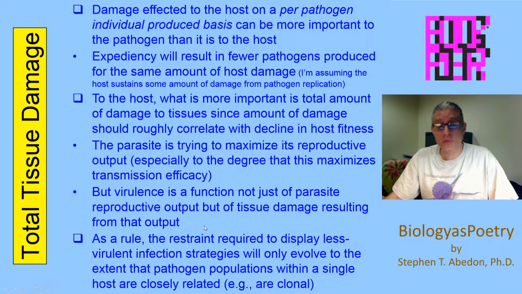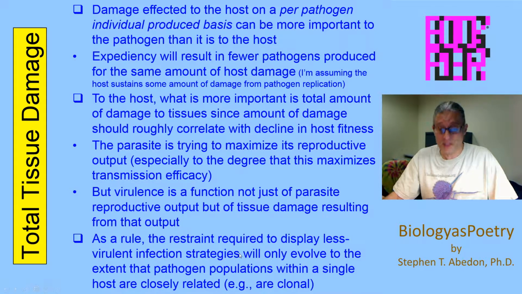As a rule, the restraint required to display less virulent infection strategies, so again, you would have an expectation that even if you could have a parasite that was able to reproduce without hurting its host, it may be invaded by parasites that can replicate faster at the expense of damaging their hosts.